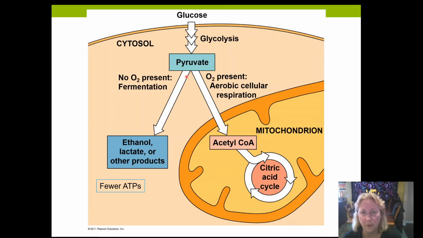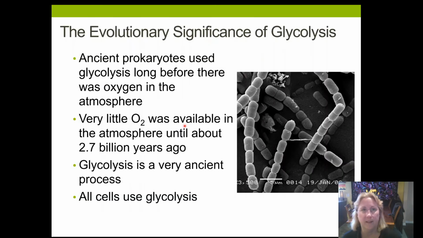And as we'll see when we get to mitosis and talk about cancer cells and cell division, cancer cells also use this pathway, lactic acid fermentation, and produce far fewer ATPs and are therefore very glucose hungry. But we'll talk more about that in a later chapter.